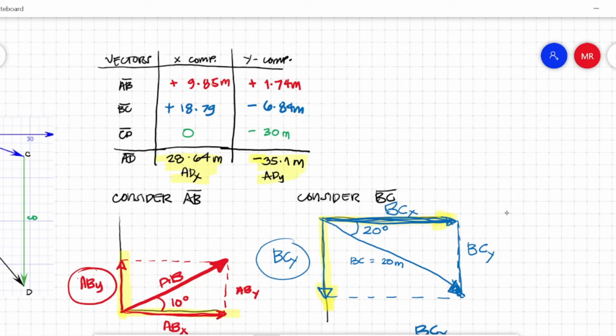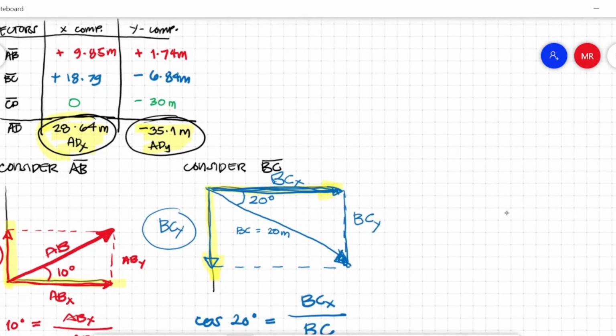So this gives us an idea that the X component of AD is going to the right because it's positive, and the Y component of AD is going down because it's negative.